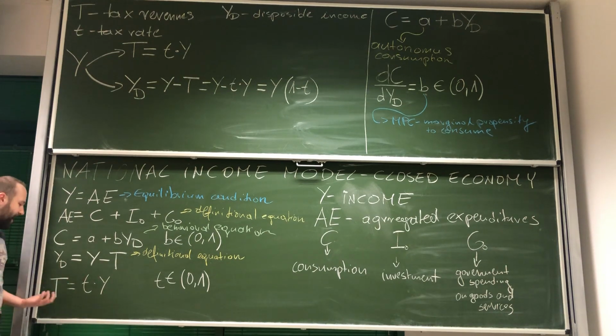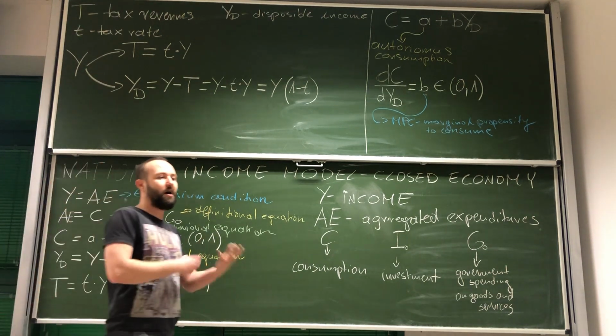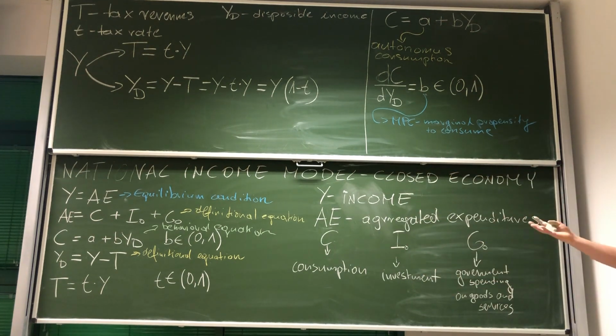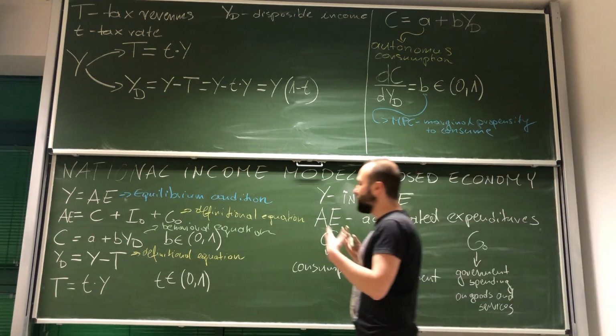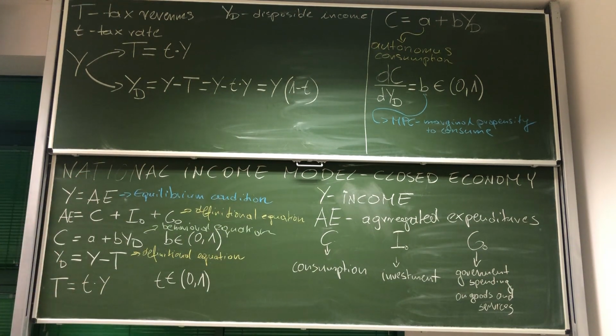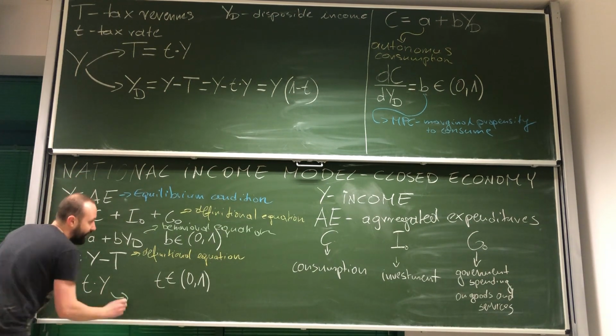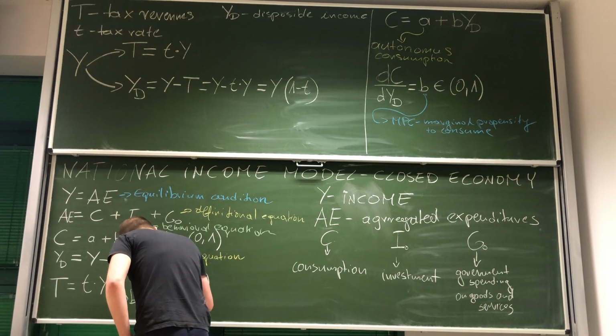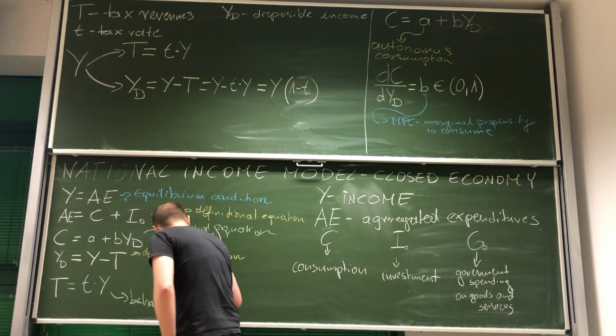So it shows us how tax revenues are formed depending on the level of income. Again, it shows us the behavior of tax revenues when income is changing. So again, this is a behavioral equation.